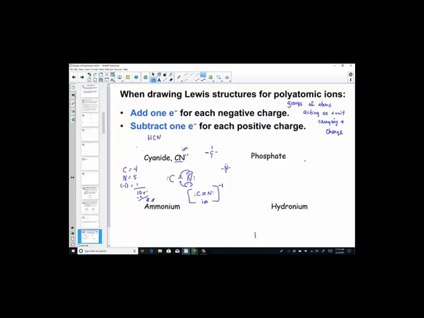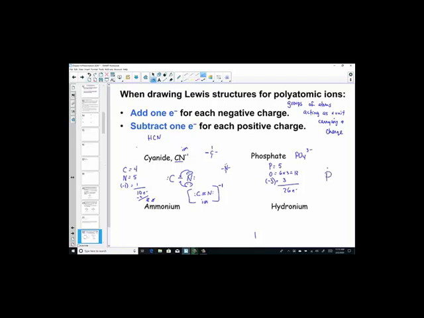Phosphate, PO4, 3-. That tells us phosphorus, who lives in group 5A, oxygen, who lives in group 6A, and we have a -3 charge, telling us that we get 3 extra electrons when building. So that becomes 8, that's doing math, that's 26 electrons by the time I'm drawing phosphate.